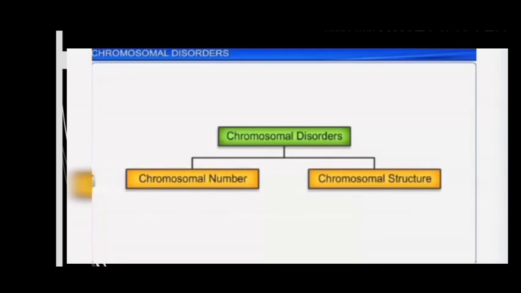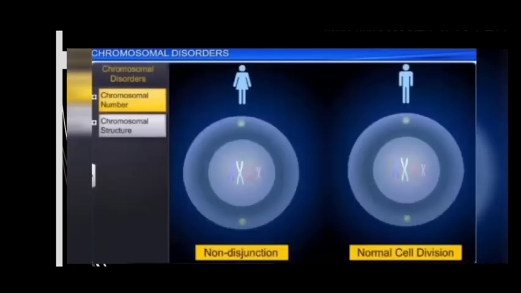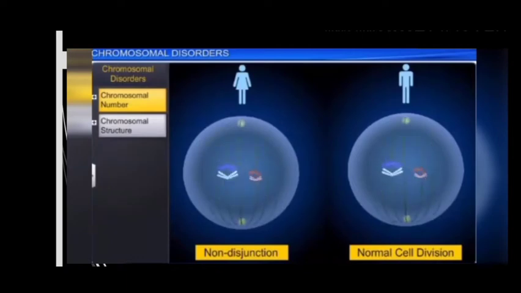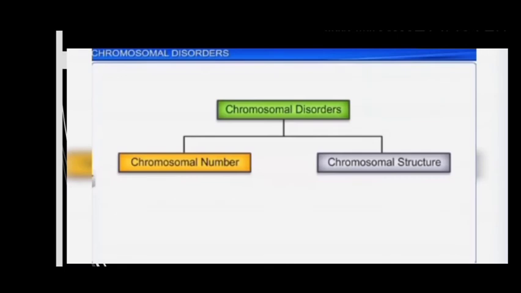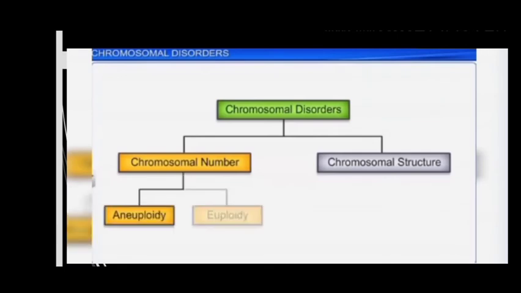Changes in chromosome number occur due to the non-disjunction of chromosomes, which is the failure of chromatids to separate at the time of cell division. And this failure of separation of chromatids leads to either two conditions, that is aneuploidy or euploidy.